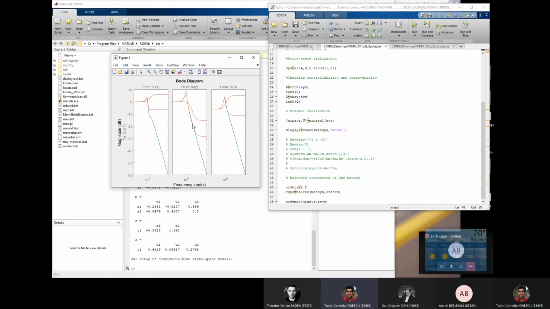Look, the red and the blue are the same. This blue one is the second order. So you see in the low frequency area, the second order approximation and the original third order model are the same.